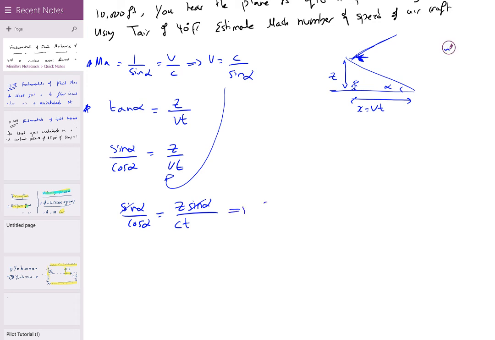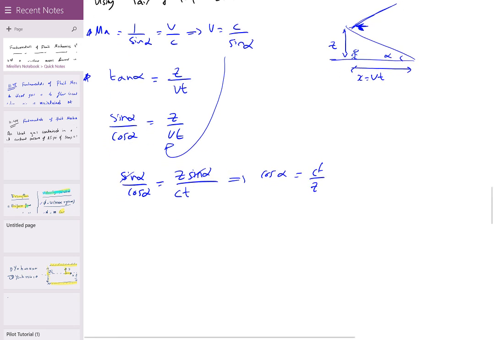I'm going to get cos alpha is CT over Z. Therefore, alpha equals cosine inverse of CT over Z.